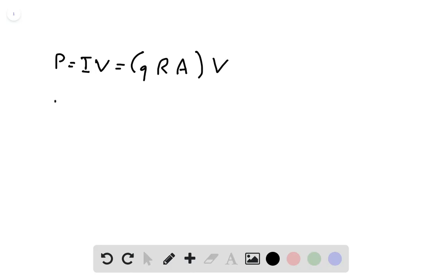We know that Q, the charge of these carriers, is just the charge of one sodium ion, which is positive one charge constant, 1.6 times 10 to the minus 19 coulombs. We know that R, the flow rate, is given to us as 3 times 10 to the minus 7 moles per meter squared times second.